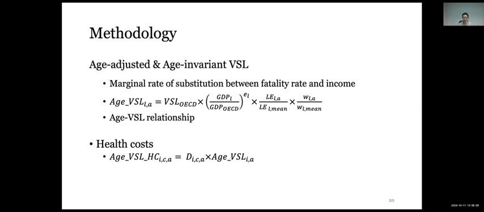After we adjust the base value from OECD countries according to GDP raised to the power of income elasticity, we adjust it by the ratio of life expectancy and the ratio of wealth weights, and then we calculate the age-adjusted value of social life. Then we multiply it by the age- and cause-specific deaths from PM2.5 pollution. We calculate the health cost from each cause and age group.